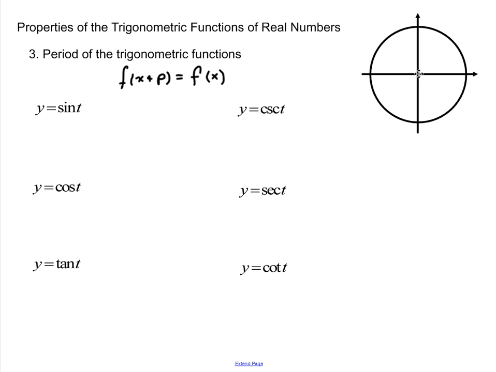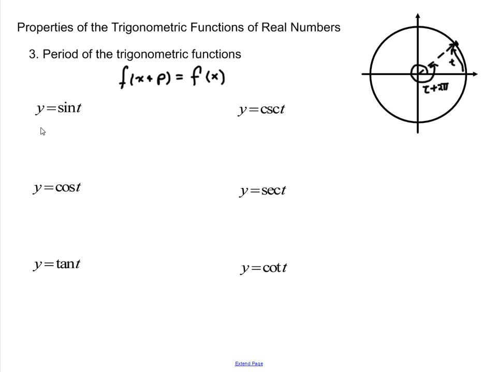And sine and cosine and tangent, secant and cosecant, and all of them are like that. Let me show you how. Let's say that we pick some arc length t, and we find our sine and our cosine of t. Well, what else could we say? If it's true for t, it's true for the coterminal angle t plus 2 pi, or t plus 4 pi, or plus 6 pi, or plus any even multiple of pi.